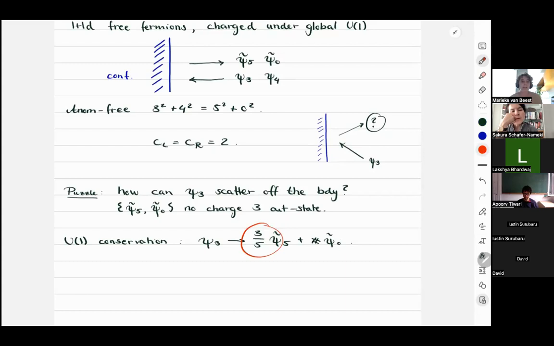I basically told you that I have everything necessary to write down this U(1) conserving boundary, but if I throw in the psi3, the only thing that could possibly come out that's consistent with these symmetries is some fractional excitation. So it's some fractional fermion, or a fermion with a fractional occupation number in this Fock space. So at the very best, I owe you an explanation for what that is. And at worst, this is telling us that there's no consistent thing you can even write down that comes out. So it seems inconsistent.